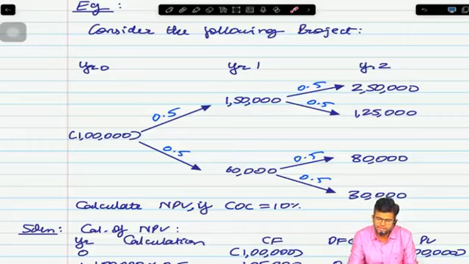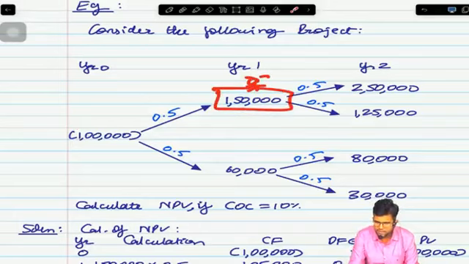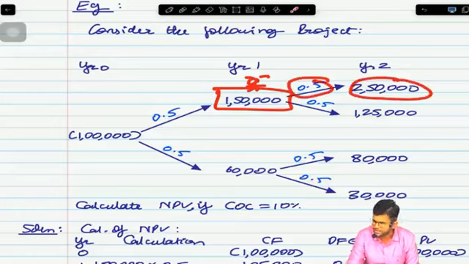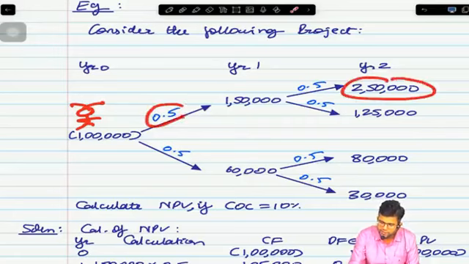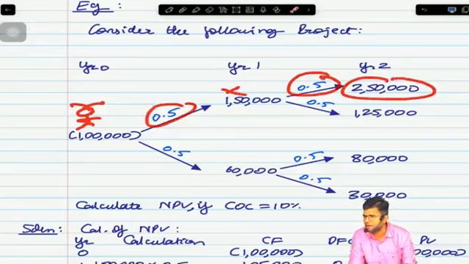What is the meaning of joint probability? Joint means basically, you are standing here. You have got this number. And somebody asks you, what is the probability of 2,50,000? The answer is 0.5. But if you are standing here, and someone asks you what is the probability of 250, it will be 0.5 into 0.5. It's 0.25.